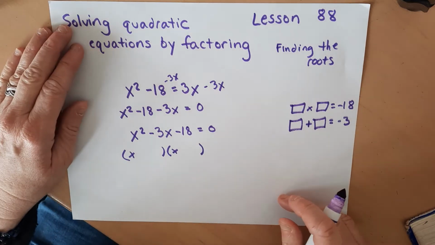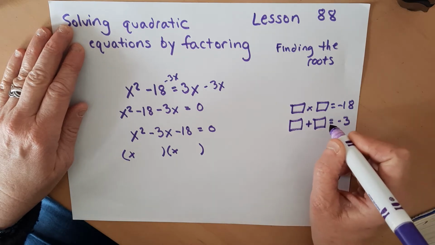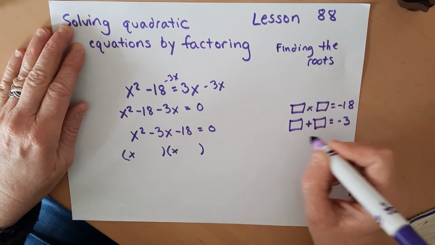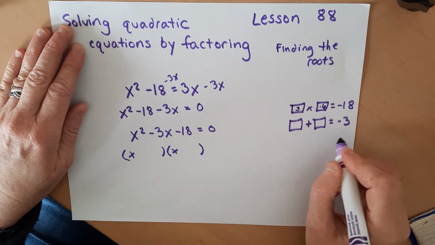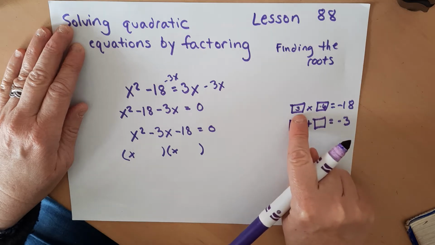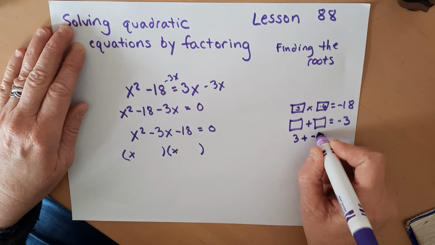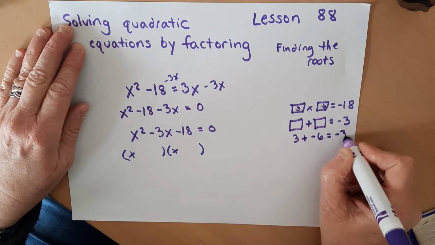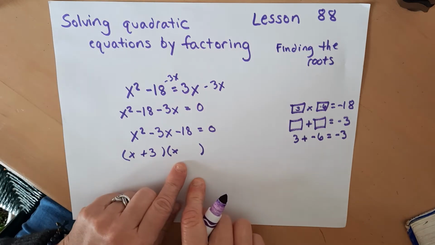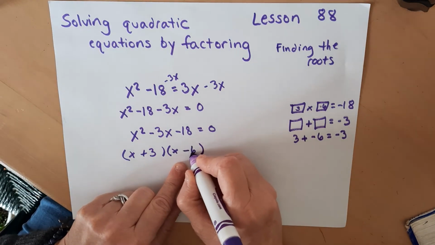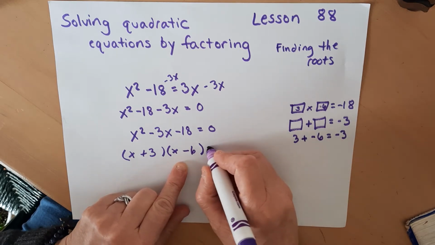That would be negative 6 and 3, because negative 6 times 3 is negative 18, and 3 plus negative 6 is negative 3. So this would be x plus 3, and this one would be x minus 6. I know all of you have done this before, and you understand that part.